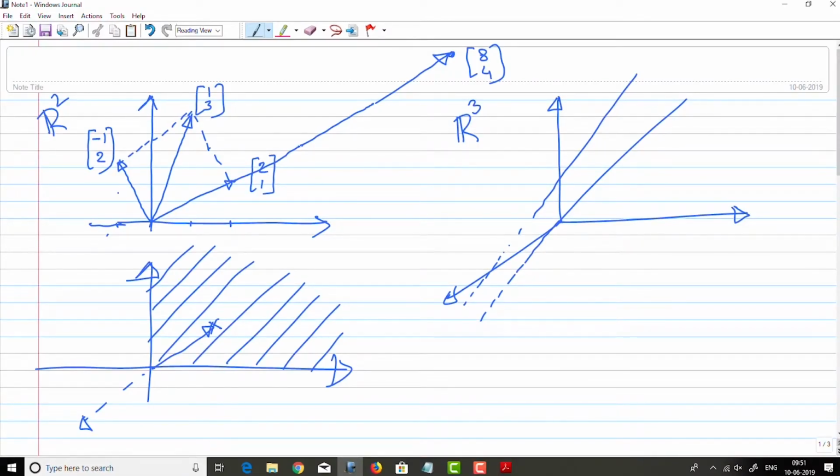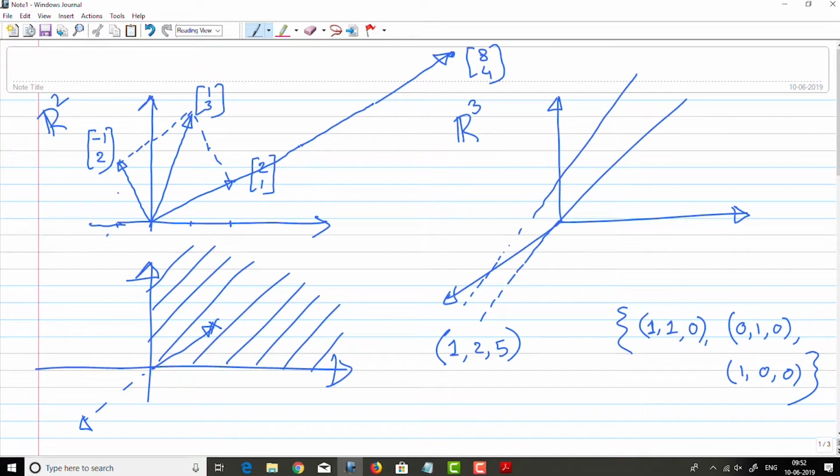this vector, say I take one vector (1, 2, 5) in 3 dimensions, and we are given a set of vectors, say (1, 0, 0), (0, 1, 0), (1, 0, 0).